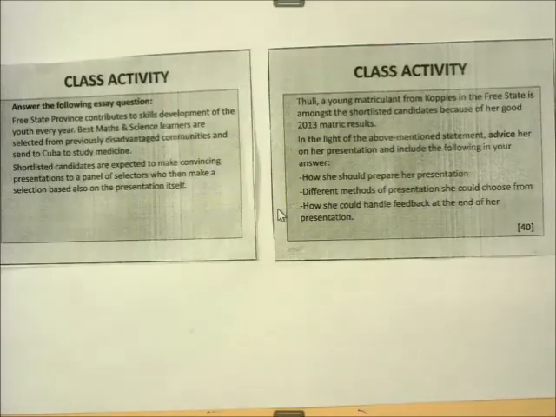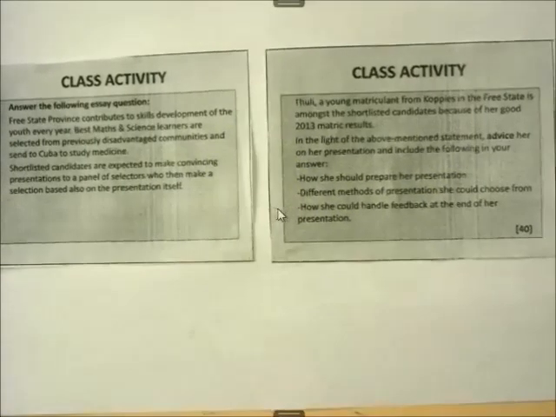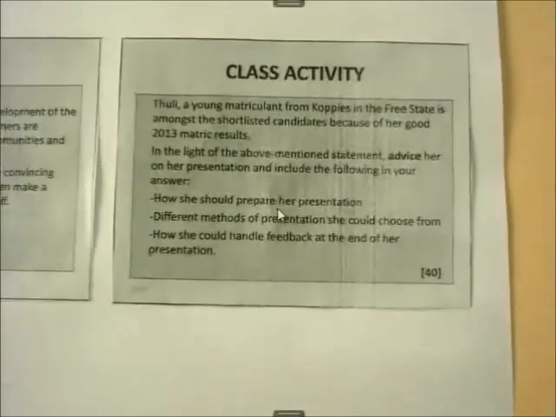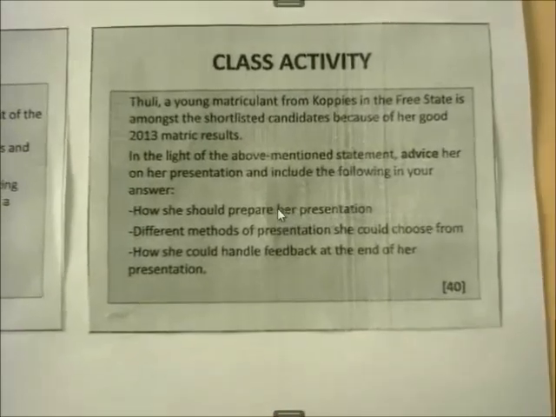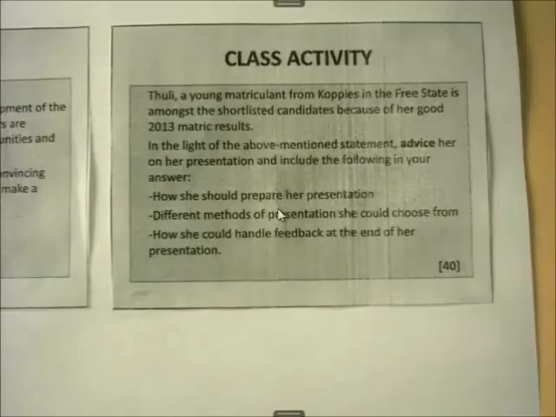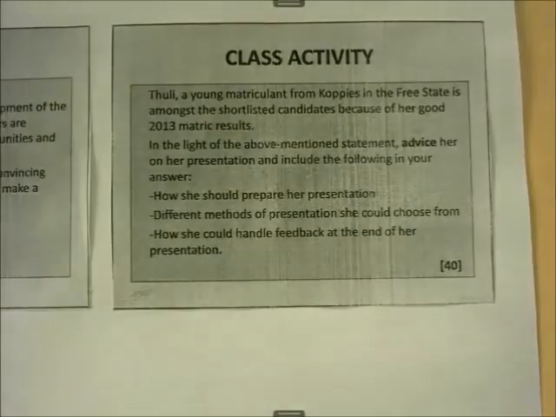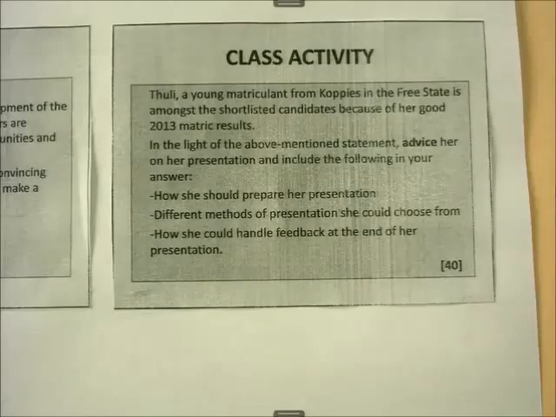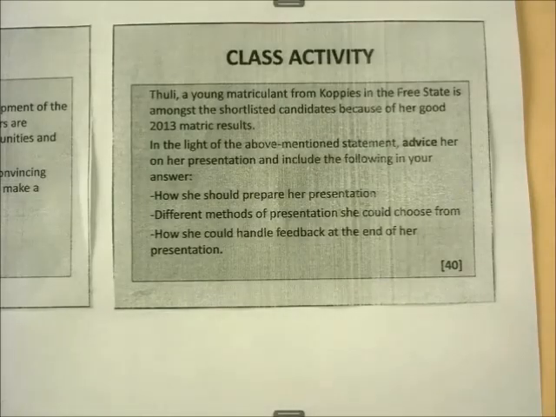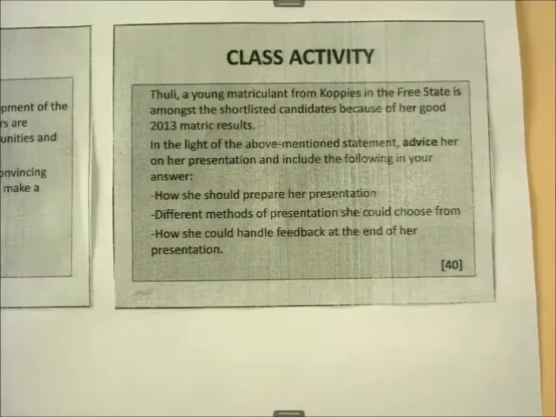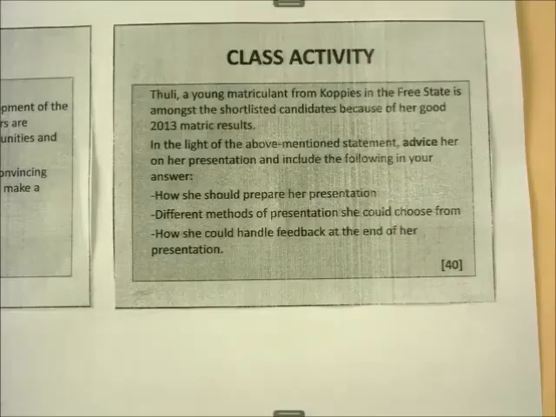In the light of the above information, advise her on her presentation and include the following in your answer: how she should prepare her presentation, different methods of presentation she could choose from, and how she could handle feedback at the end of her presentation. 40 marks. Like I said, you've got 20 minutes to do this activity, and it starts right now.